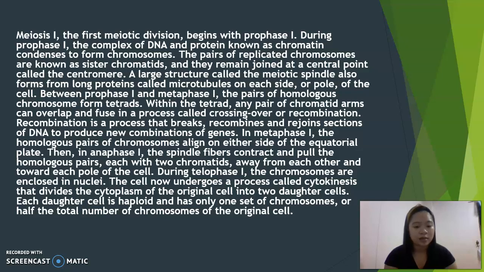The cell now undergoes a process called cytokinesis that divides the cytoplasm of the original cell into two daughter cells. Each daughter cell is haploid and has only one set of chromosomes, or half the total number of chromosomes of the original cell.